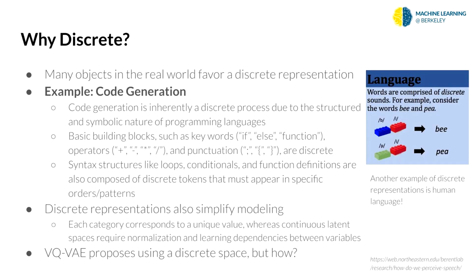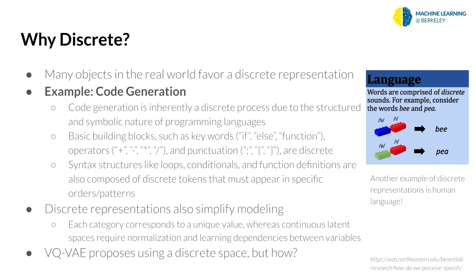A couple of different reasons include that many objects in the real world favor a discrete representation. One example of this is code generation. Even though code generation might seem like an open-ended, very complex process, it can actually be broken down into a discrete representation. For example, the basic building blocks such as keywords, operators, and punctuation are all discrete, right?